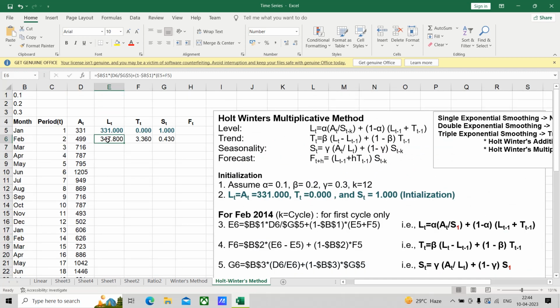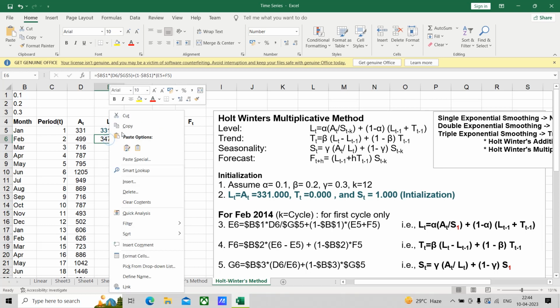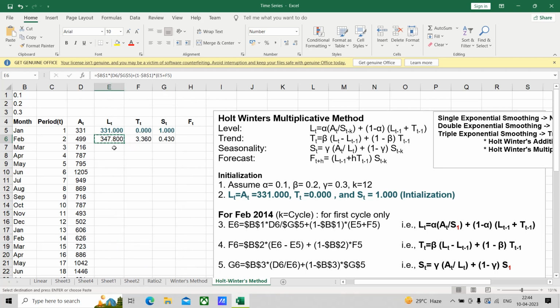We copy this formula to the first year, I mean for 2014. So I copy it, and we will copy this formula in March to December 2014.